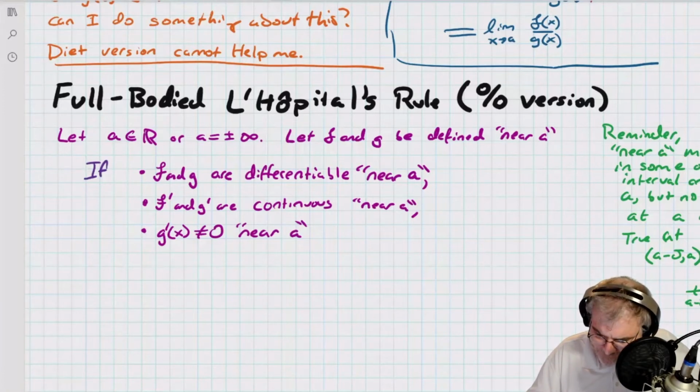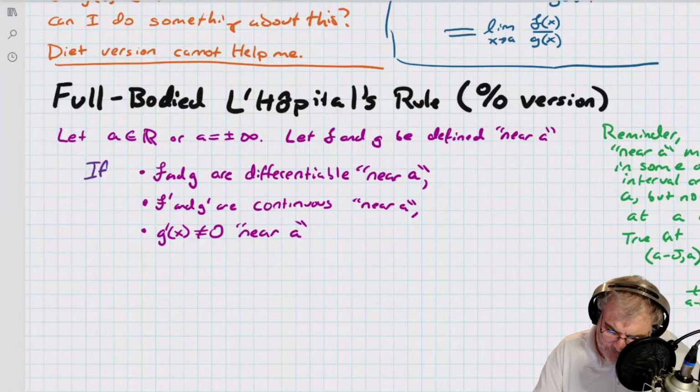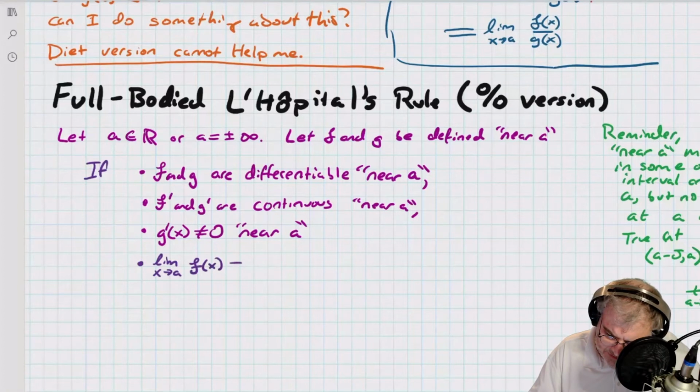I need a couple of other conditions. I need the limit as x goes to A of f of x equaling 0, and the limit as x goes to A of g of x equals 0.